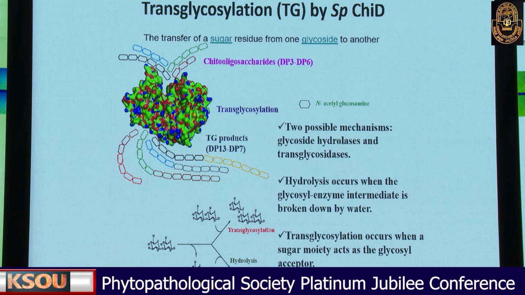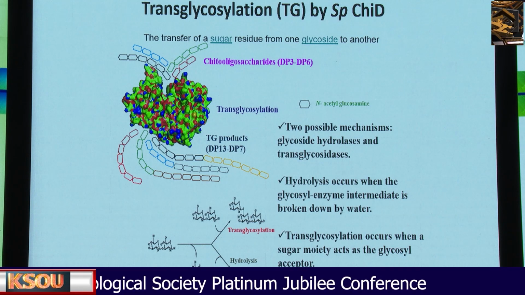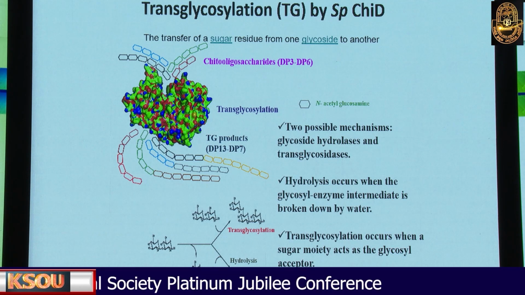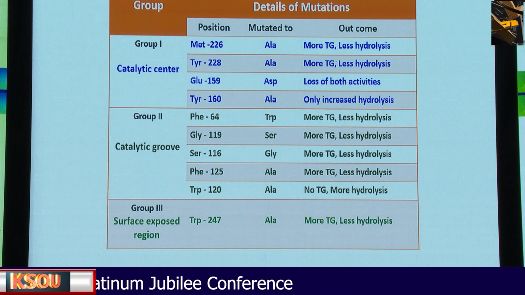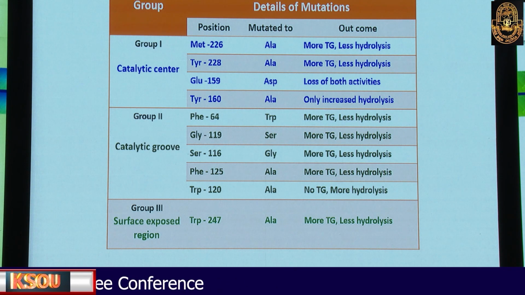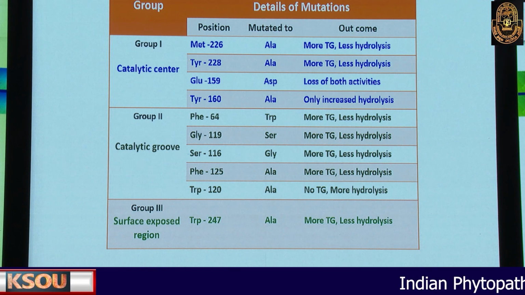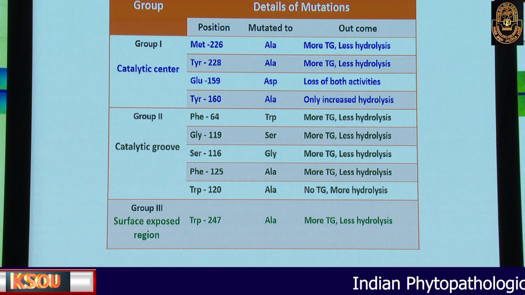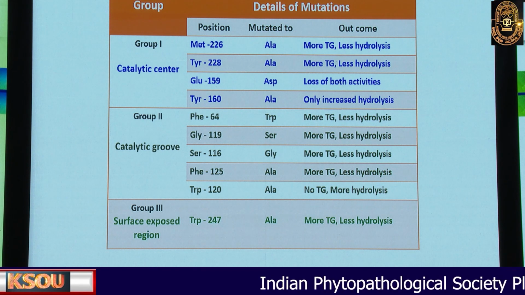And synthesizing a longer polymer is always a difficult task in a chemical synthesis process, and we thought this is a wonderful candidate to do that, and that's where we concentrated on this particular enzyme. We have done a lot of structural analysis of this protein. Initially we did bioinformatic analysis, subsequently we even obtained the crystal structure of the protein, and we carried out several mutations where we could see an improvement in the transglycosylation process, whereby we can produce more of these transglycosylated products, more of these oligomers.